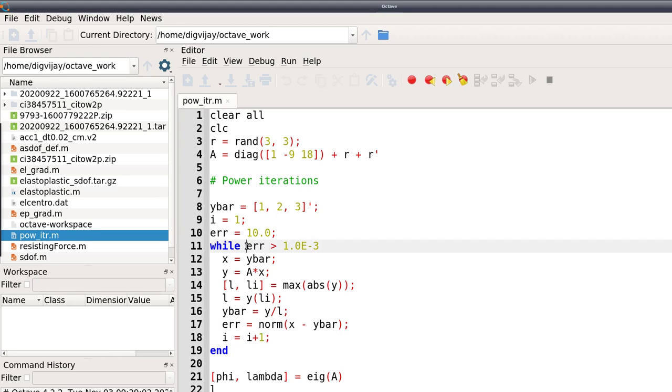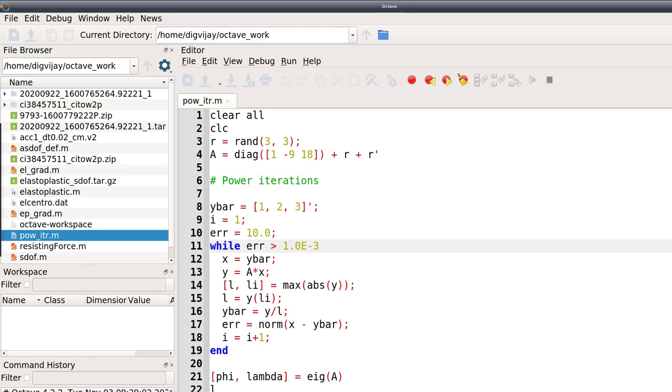The calculation will continue as long as the error is more than 1 into 10 to the power minus 3. That means as long as the norm of the difference between x and y bar is more than 1 into 10 to the power minus 3, the iterations will continue, and when it is less than that, the iterations will stop.